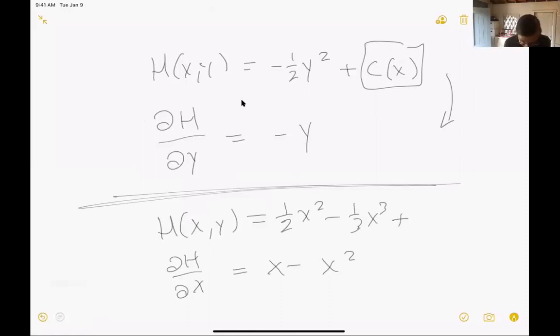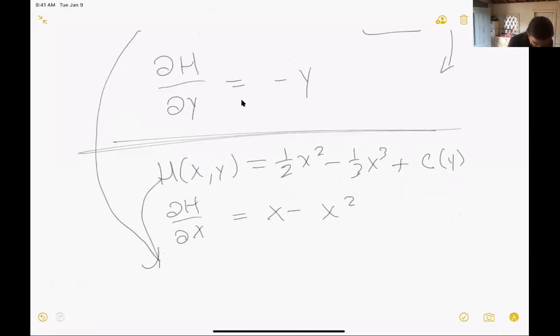Yeah, plus c, but c is a function of y now, right? Plus some constant function of y. All right, so now let's put it together. So I'm going to take this information and this information and try to put them together.